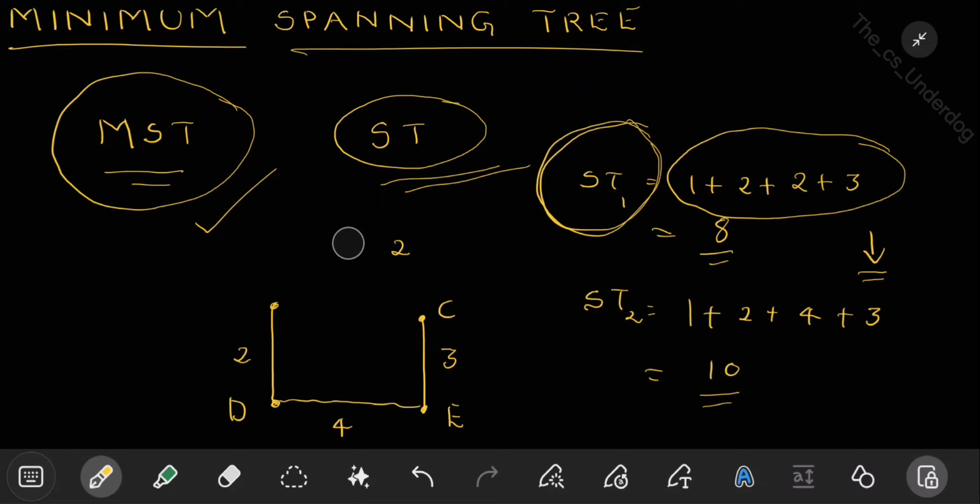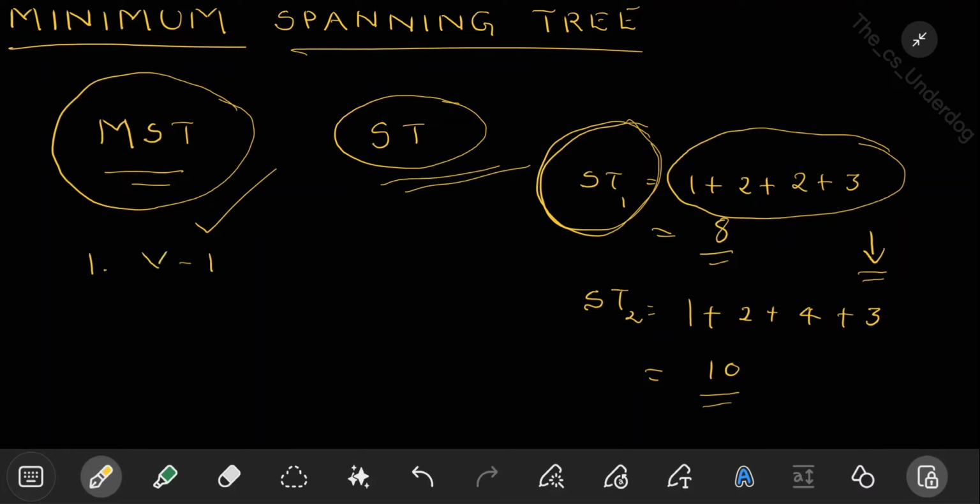About spanning trees, we learned many properties in the last lecture. For example, we learned that there should be v-1 edges in each of the spanning trees. We learned that there should be no cycles possible in spanning trees. We also learned that if you add an edge to a spanning tree, it will form a cycle and that cycle will be a unique cycle.